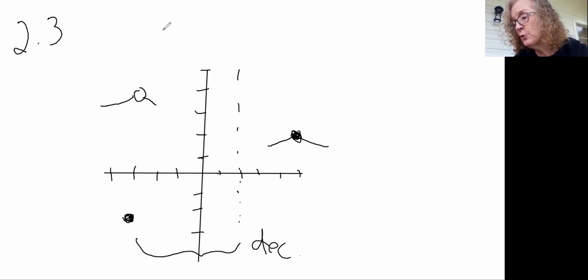As x approaches 2 from the left, I'm getting closer to some point, but it is less than the point that I'm approaching as x gets closer to 2 from the right. So I could do something like this.